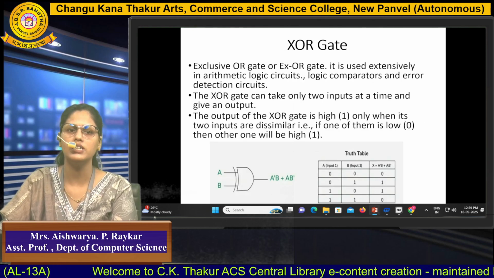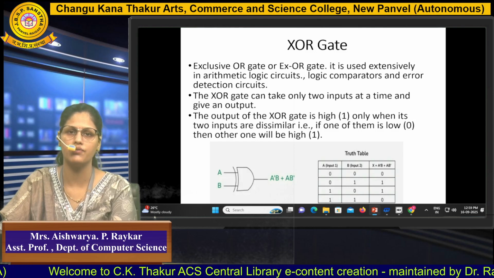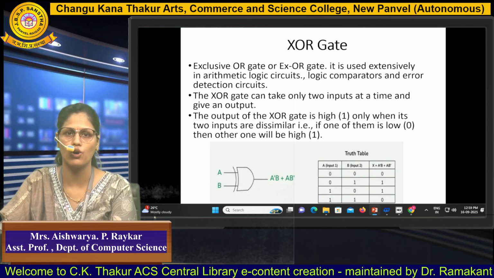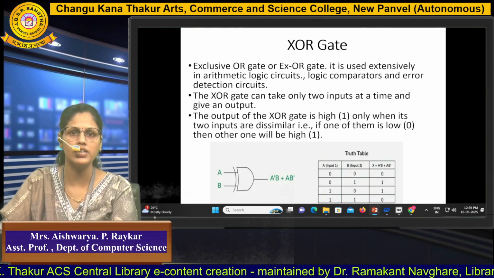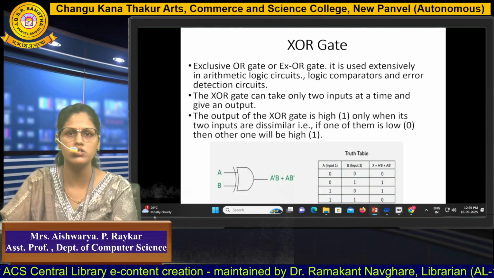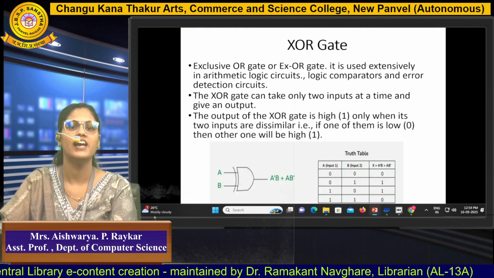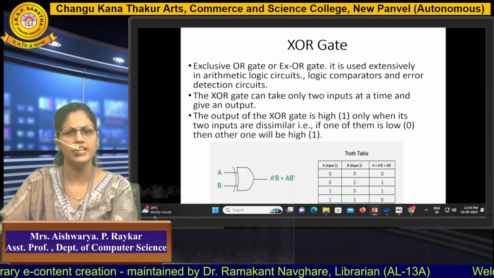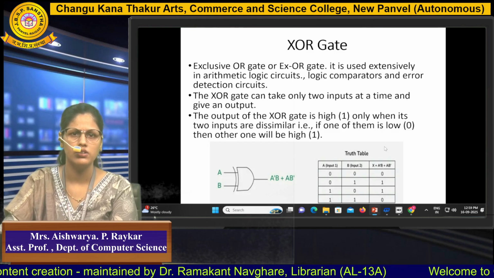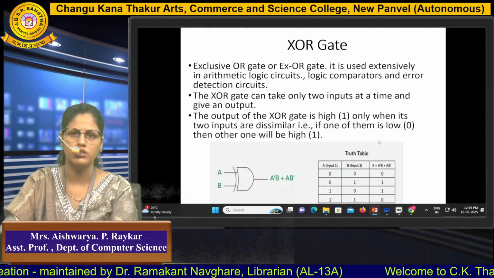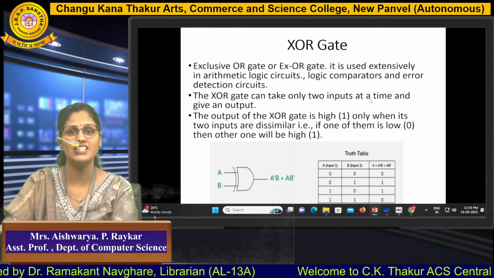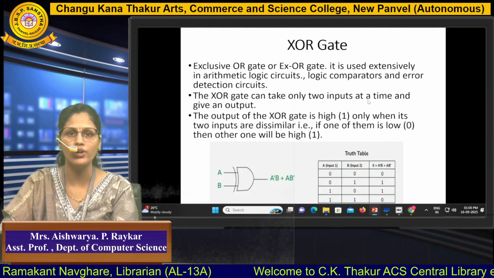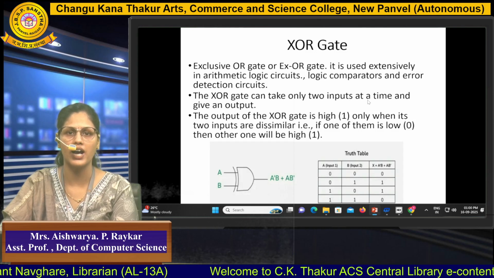Now let's come to the derived logic gates. The very first derived gate we are going to discuss is XOR, which is called exclusive OR. It is extensively used in arithmetic logic circuits, logic comparators, and error detection circuits. Again, it has two inputs and it gives one output. The output of XOR gate is high only when its two inputs are dissimilar.